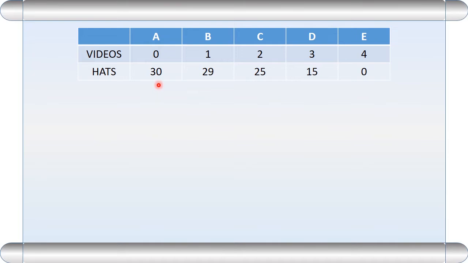Because I'm busy knitting 30 hats. And if I want to make one video, definitely I am left with less time. So knitting will definitely decrease. So I am in the position to make only 29 hats. If I decide to go for two videos, then I can only make 25 hats and so on. And finally in the E option, when I'm making four videos, I can't knit any hats.